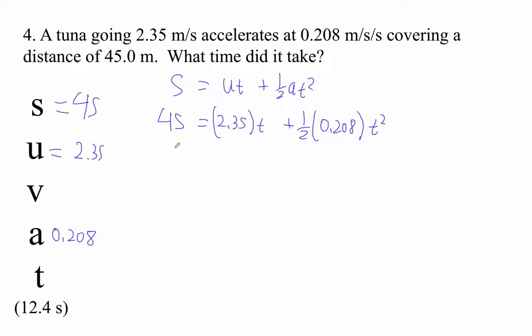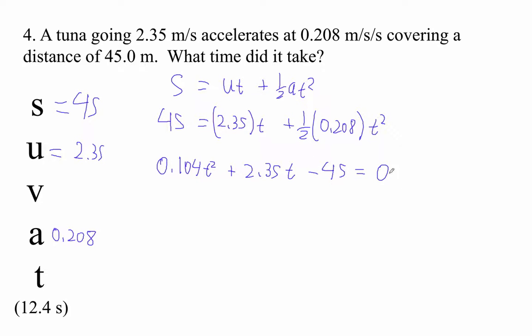And then let's rewrite this. So half of 0.208 is 0.104. I had to do it with my calculator because I'm kind of spacey. So I'm going to rewrite this way. I'm going to go 0.104 t squared plus 2.35 t minus 45 is 0, right?